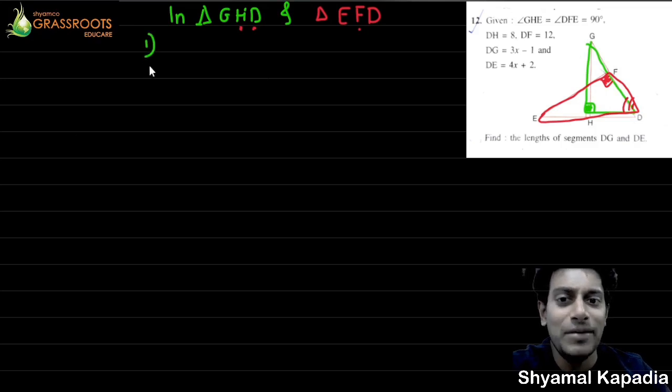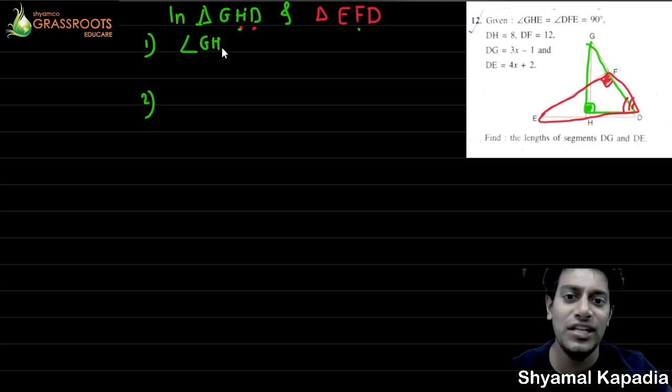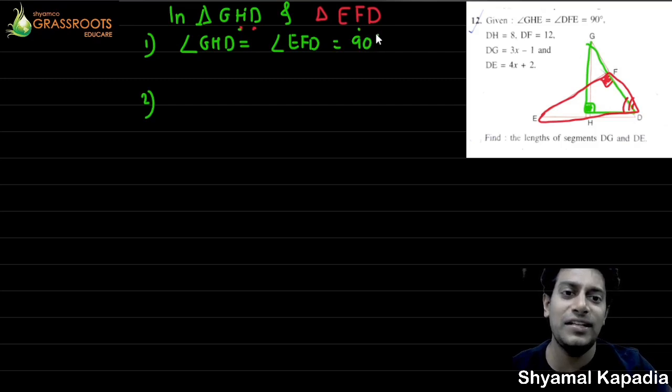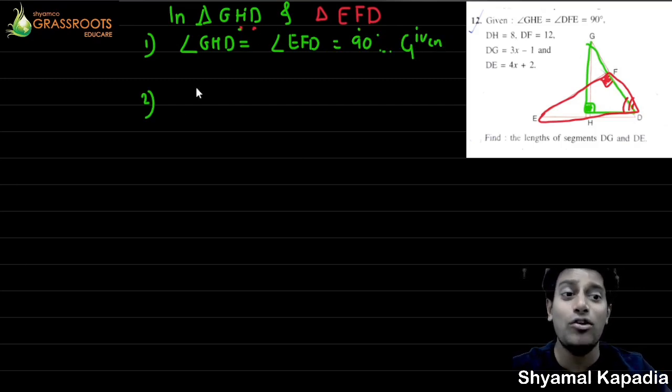Once the naming is done, you have already proved it. Haven't you said that H is 90 and F is 90? So angle GHD, isn't it equal to angle EFD? Because they both are 90 degrees and the reason is given, right? Second, D is a common angle present in the green triangle and the red triangle also.